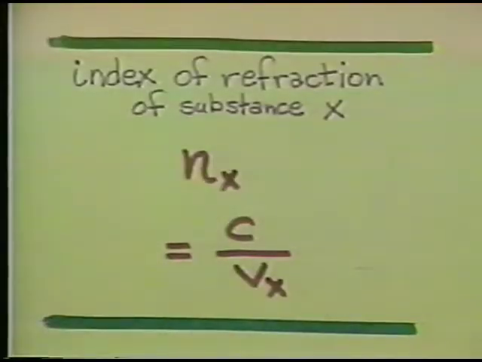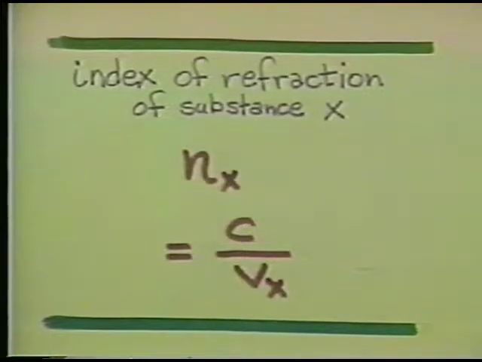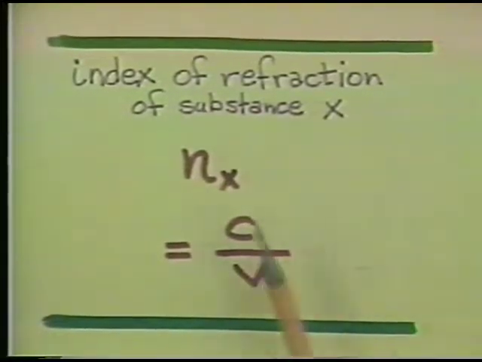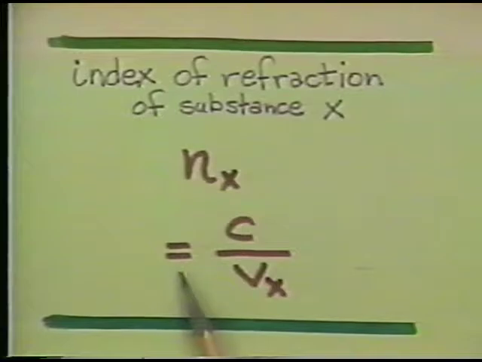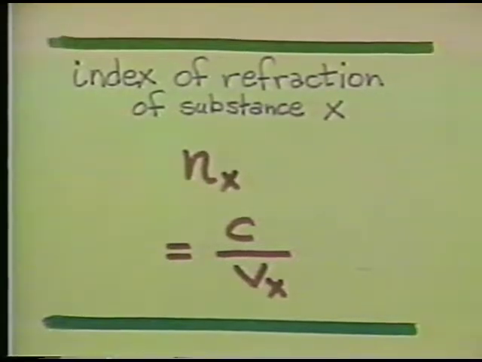This definition corresponds to something we call the index of refraction. For this we use the symbol n. So the index of refraction for substance X is n sub x, and it's defined very simply as the velocity of light in a vacuum divided by the velocity of light in substance X.